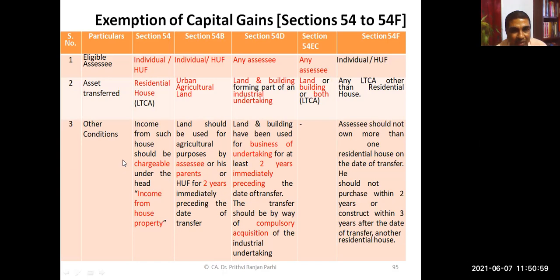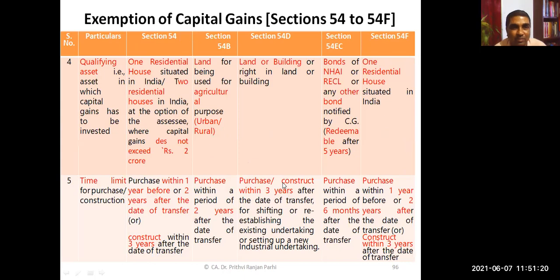Okay. Other conditions, you see, income of the house should be chargeable to income. The assessee should be using it for 2 years immediately before for agricultural purposes. Then the assessee must be using it for business purpose for 2 years immediately preceding the compulsory acquisition. And what is the qualifying asset? You know, another residential house, 1 or 2 cases, depends. Okay.